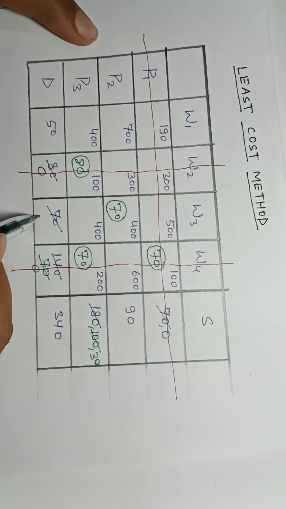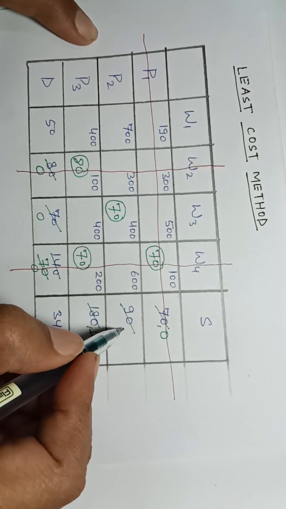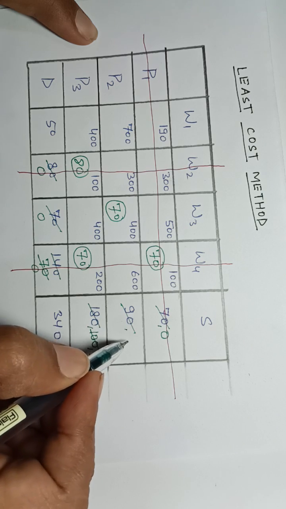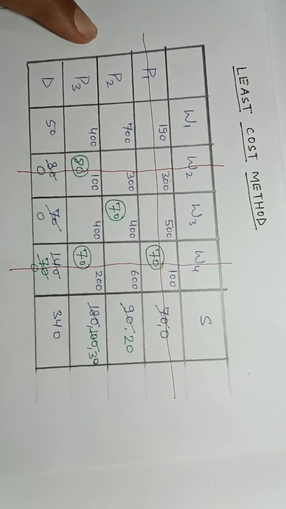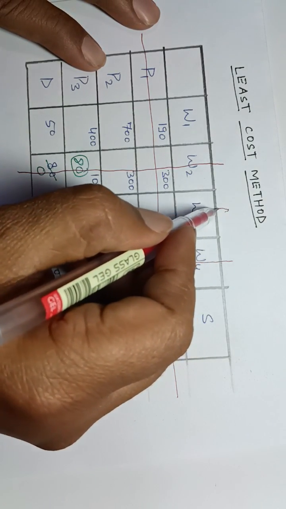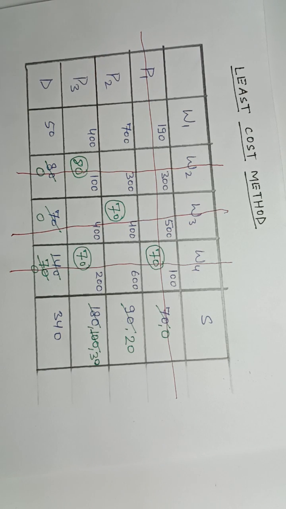Now this is exhausted, the remaining is 0, and here the remaining units are 20. In this way the W3 column is exhausted. We can cover this column, and this column also.